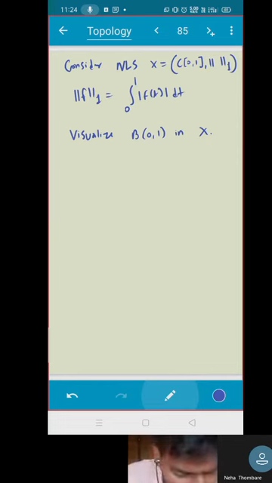Can you see the B01? What is this thing actually? What is this right hand side?